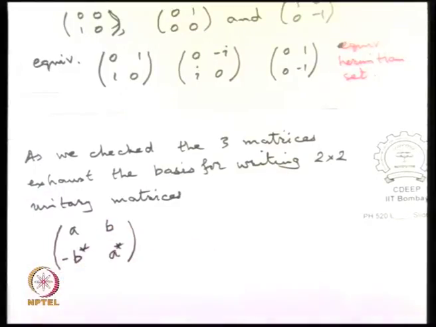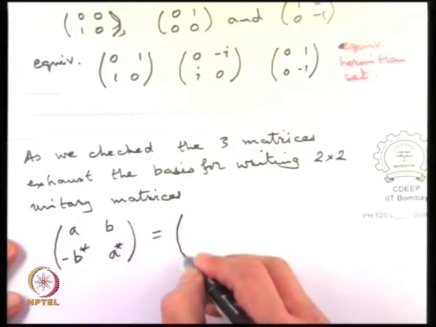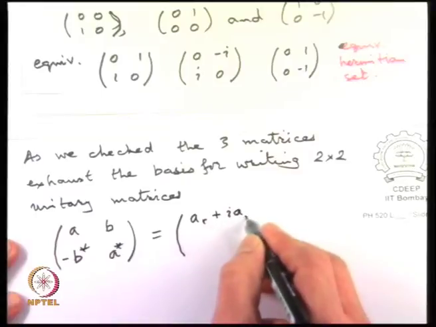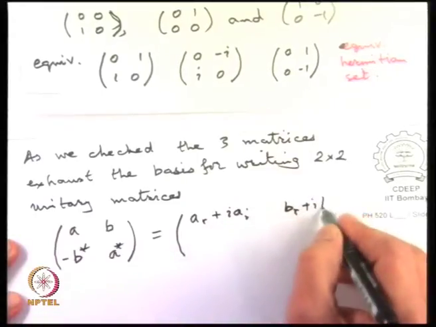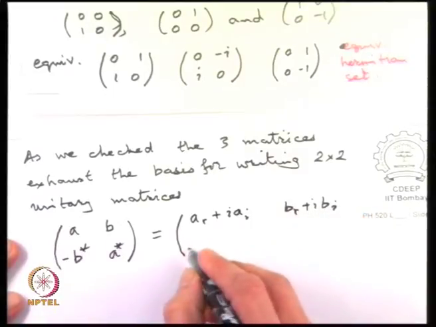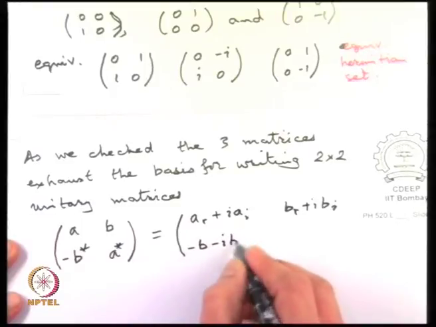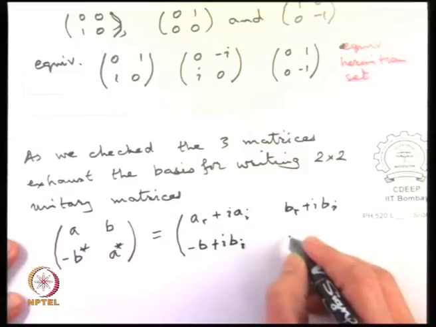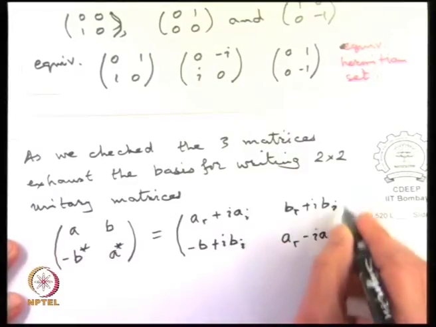This is how we could characterize a unitary matrix, and then that we wrote out as equal to AR plus I A imaginary part, BR plus I B imaginary part, minus B, minus I B imaginary part, sorry, with plus sign now, and AR minus I AI.